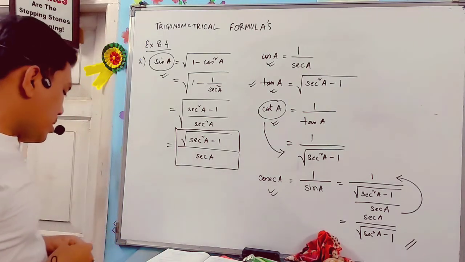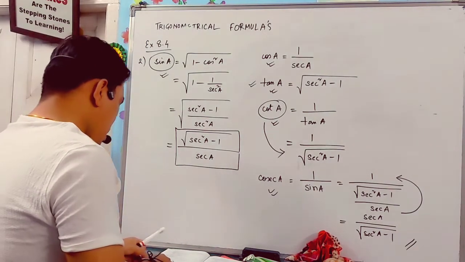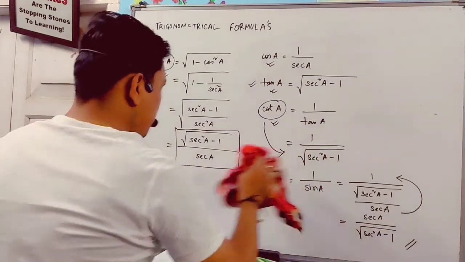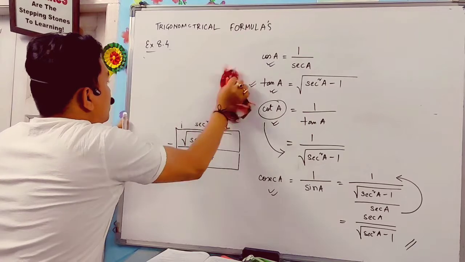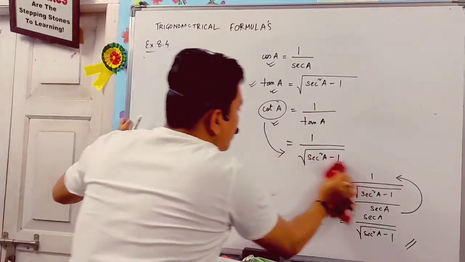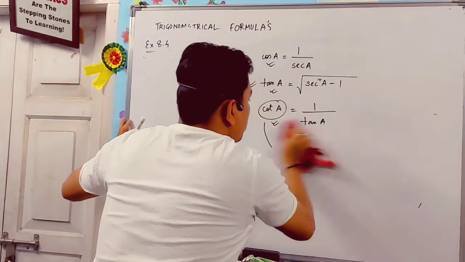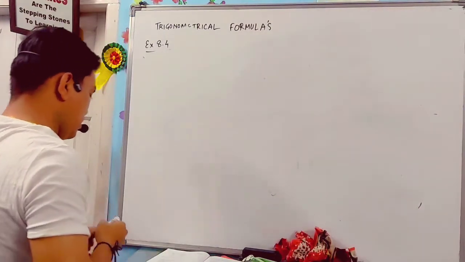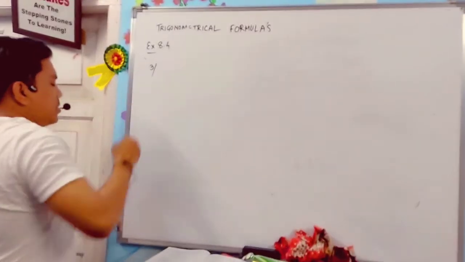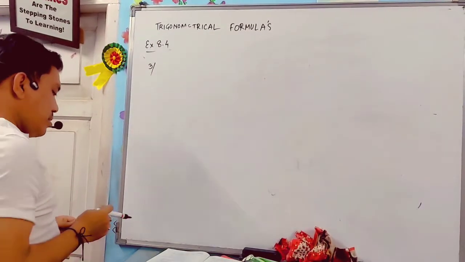All right. Now let's start the next one, number 3. In number 3, what is given?